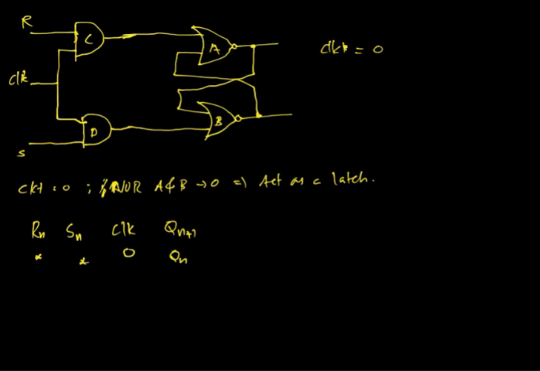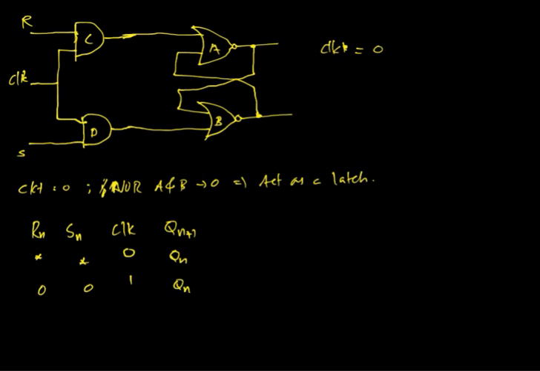Now when clock pulse becomes high, we will consider the different combinations of Rn and Sn separately. First case we are considering 0 0, when both are 0. Then also the circuit is at no change condition, that is Qn. Whatever the output which will be in that state, the circuit will give the same output.